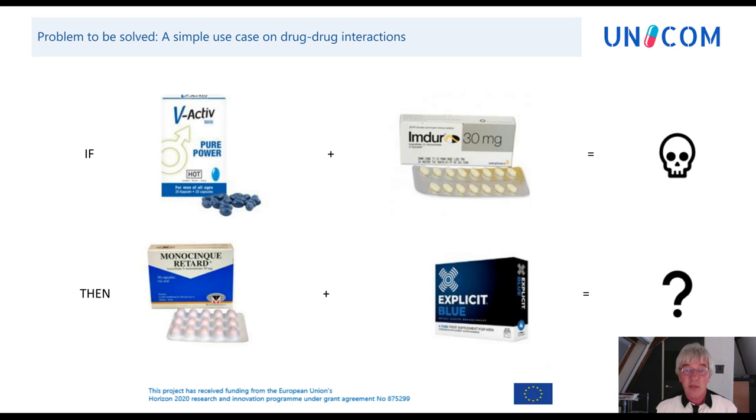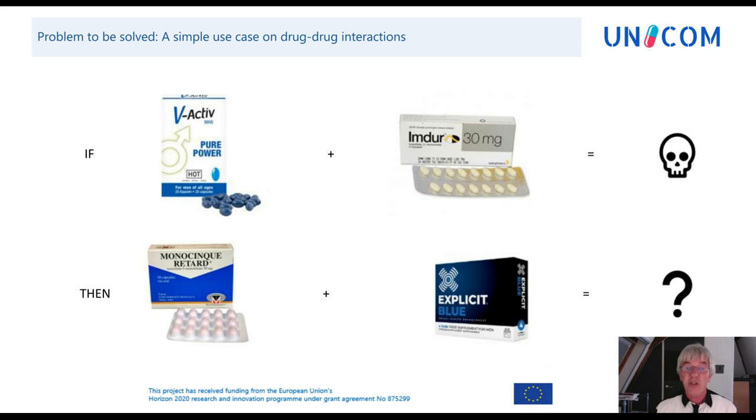Is that also lethal? How do we know? Could we know? And that's, of course, the drug-drug interactions: even though it's the same drug, it might be marketed under a different name, it might have a different package, it might look different. So you might think, well, maybe this is right. So how do you know whether that's possibly lethal as well? So that's one of the problems.